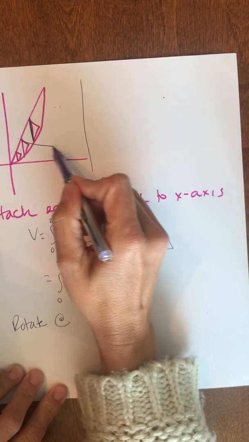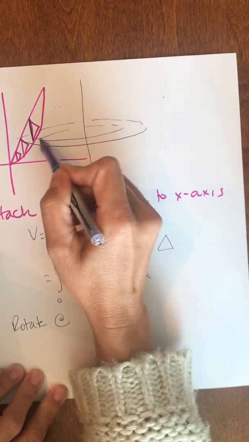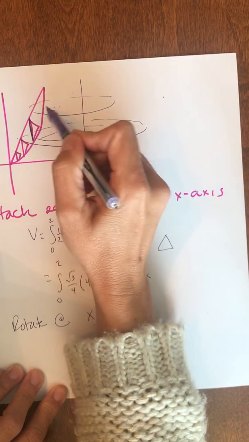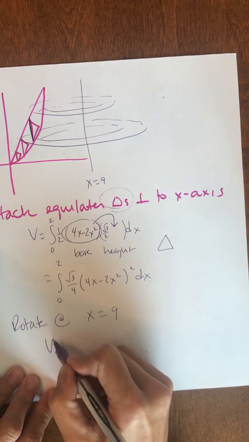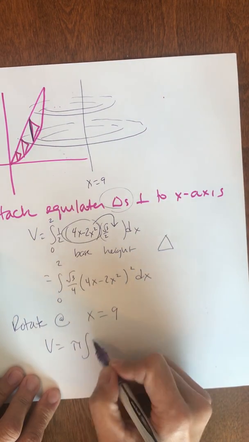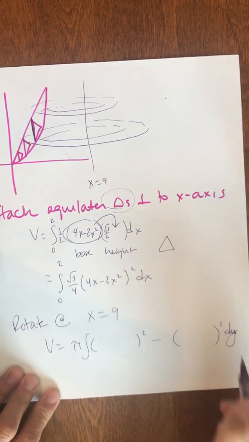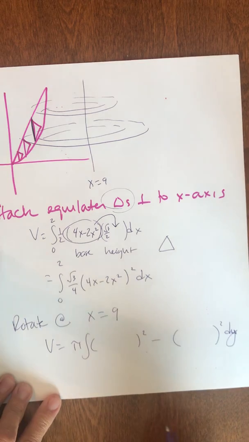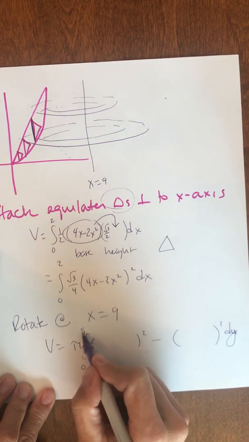Now I'm going to make a really big hollow shape. And you can see they're getting stacked in the y direction. So my volume is going to be pi r squared minus pi r squared in the y direction. Now, my y values go from 0 to 8.